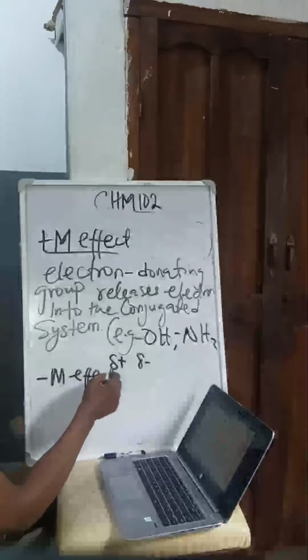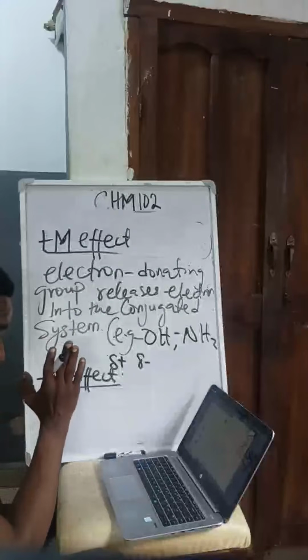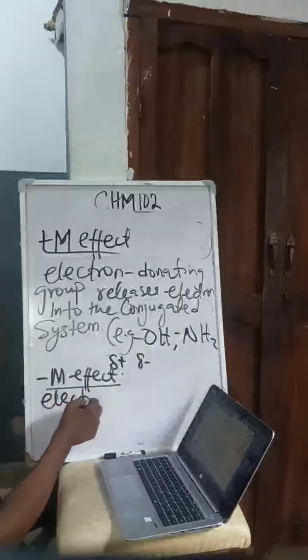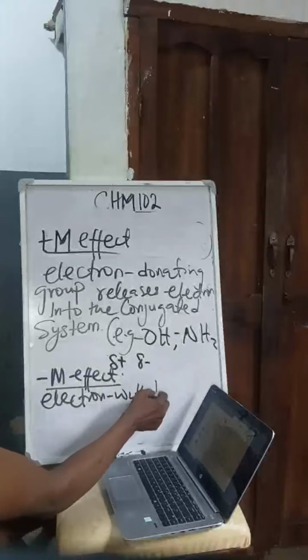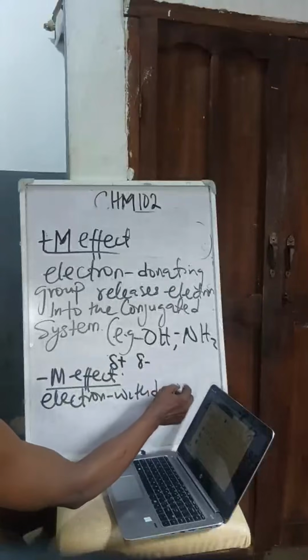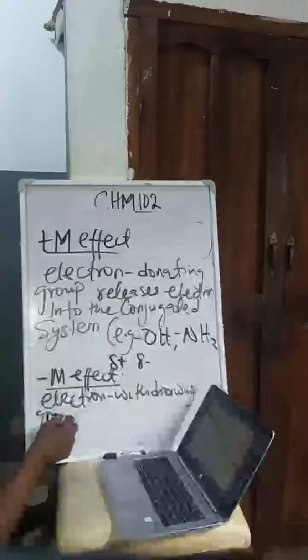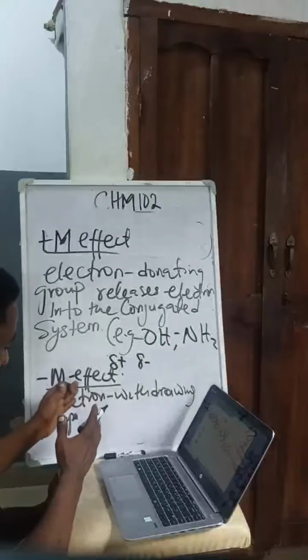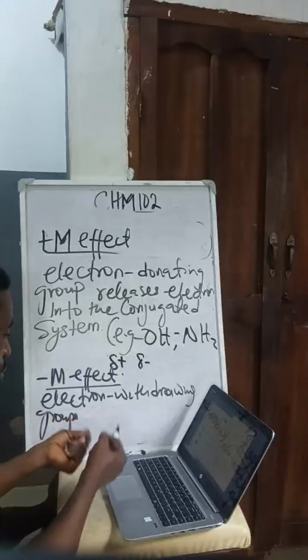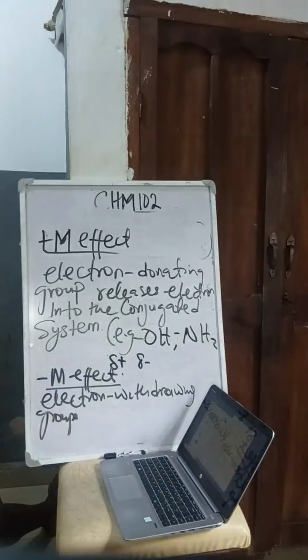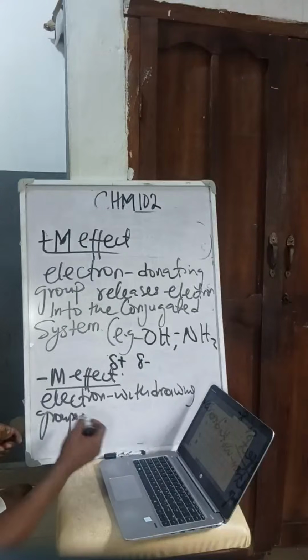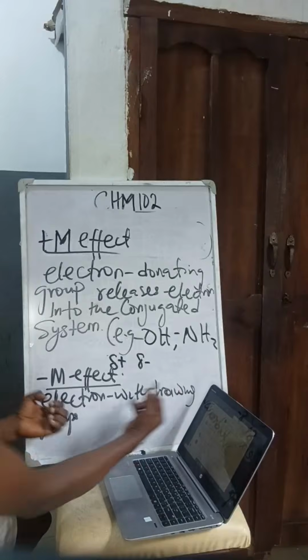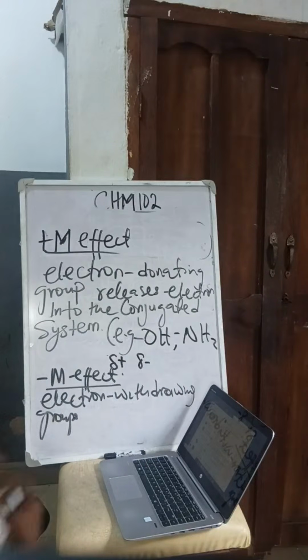So the negative mesomeric effect, please pay attention, is very important. The electron withdrawing group, in this case the negative mesomeric effect, we are not talking about electron that is supposed to take in, absorb, because they grab the electron to themselves, they withdraw electron to themselves.